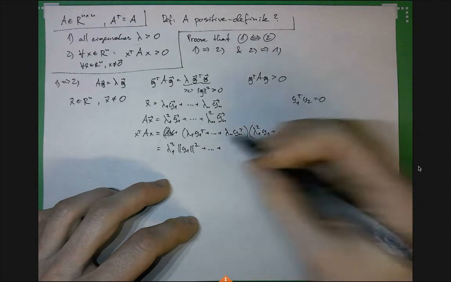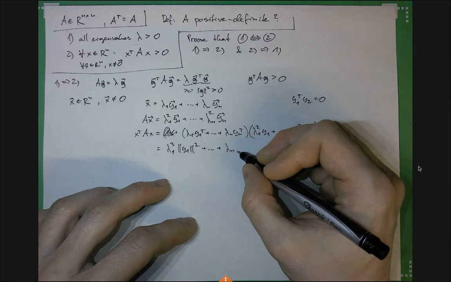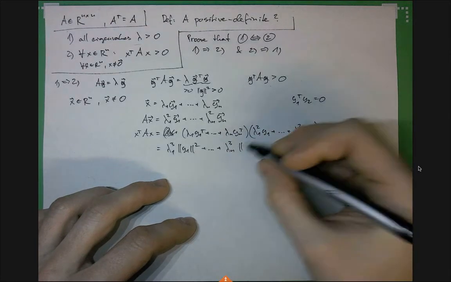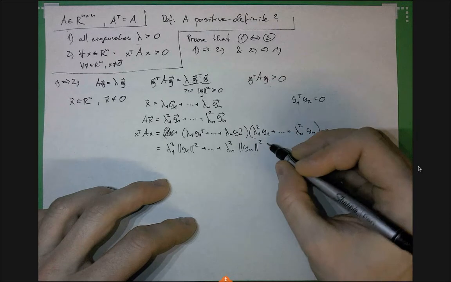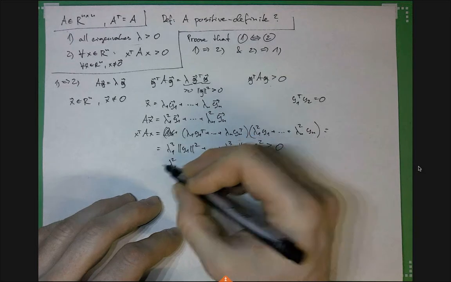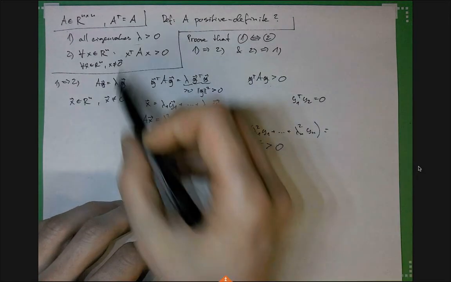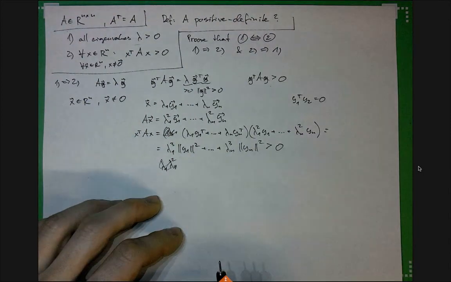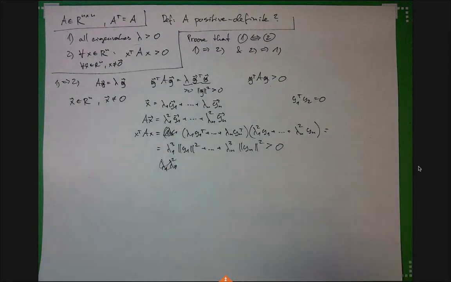I don't know why the cubes come out of there, but it's okay. It's going to be fine, because then this clearly has to be greater than 0, right? Because I know all the lambdas are positive, and all these are ones, so that clearly is bigger than 0.